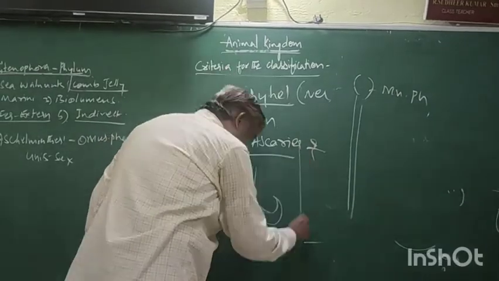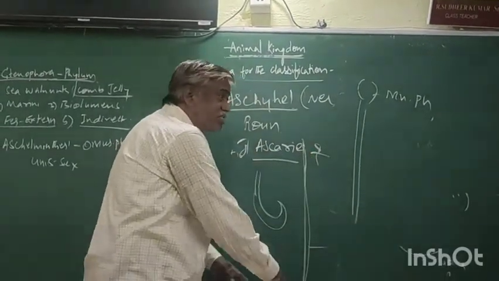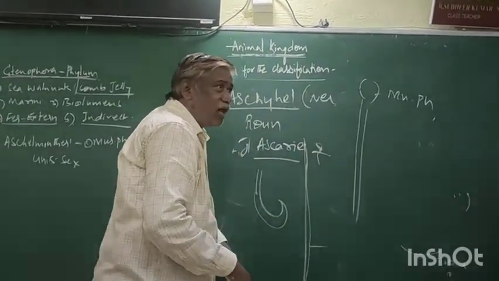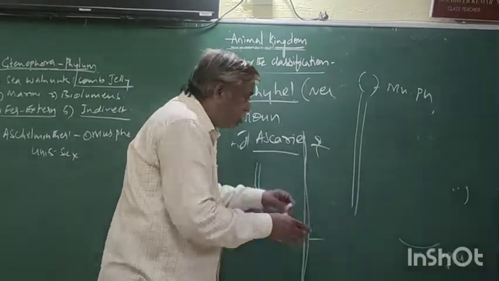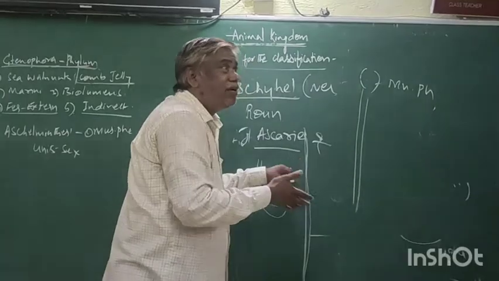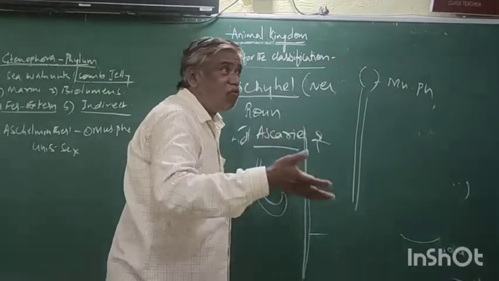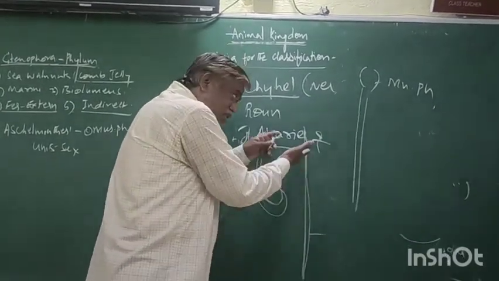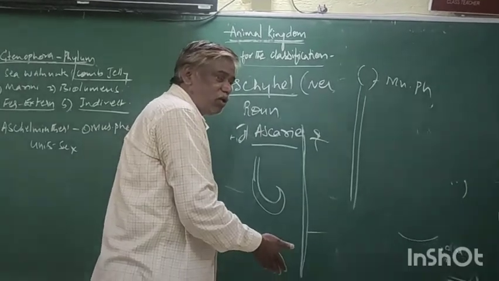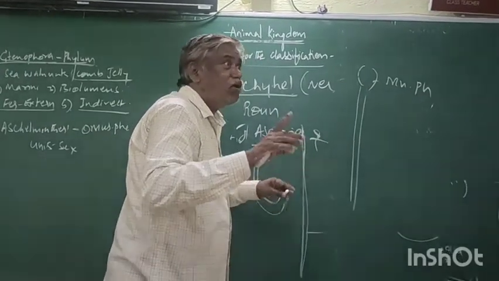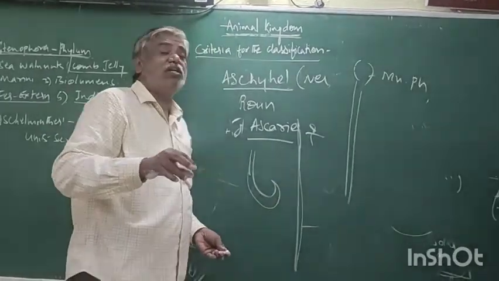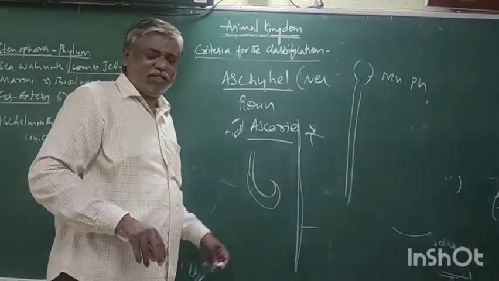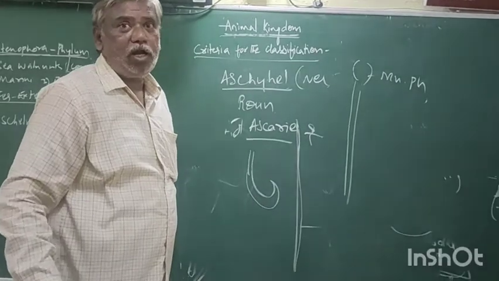The female is long, the posterior is straight, not curved. You are not saying it is a female by the internal ovary, but you are saying it by external morphology. This external morphology which helps in identification of sex is called sexual dimorphism.